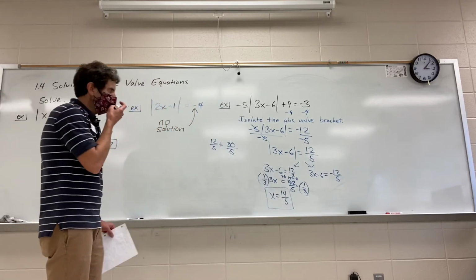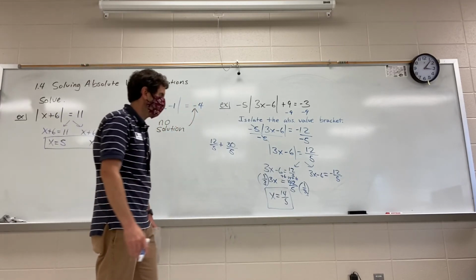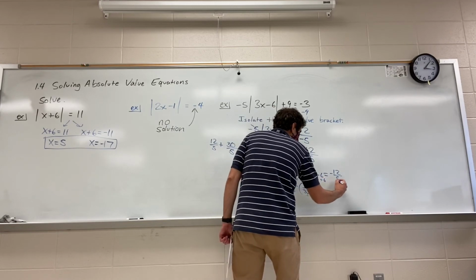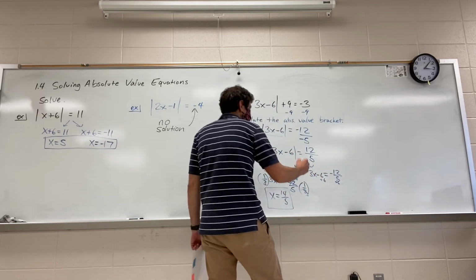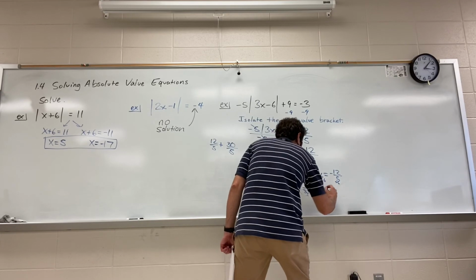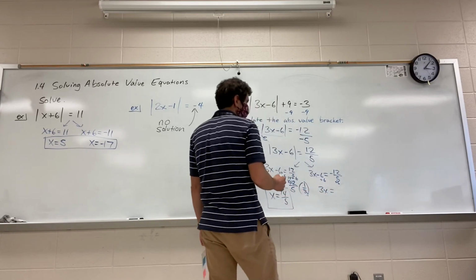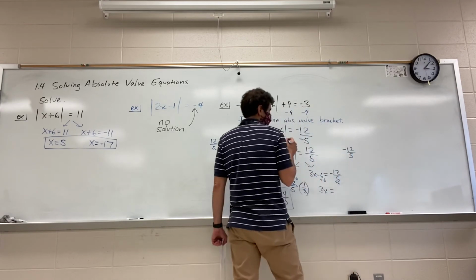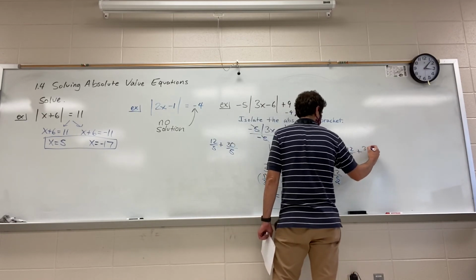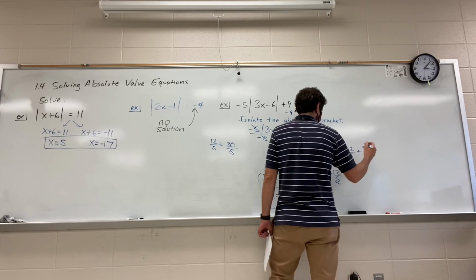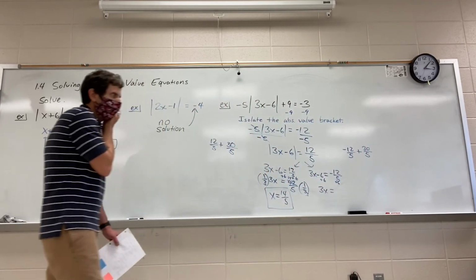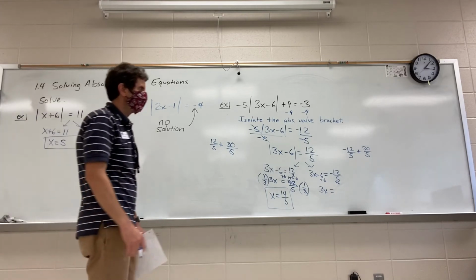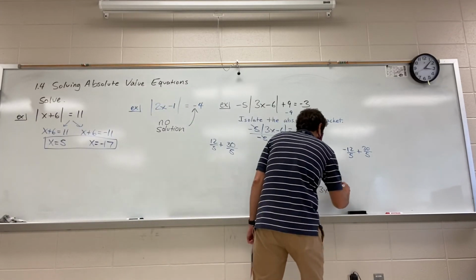Same sort of setup over here. We're going to add a 6 over. But again, we're going to have to get a common denominator, so we're going to have negative 12 fifths plus 30 over 5. And we add the numerators there, we'll get 18 over 5.